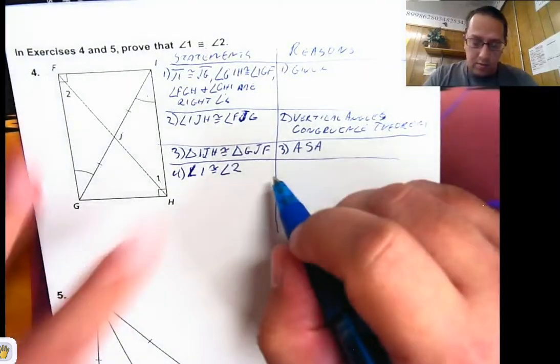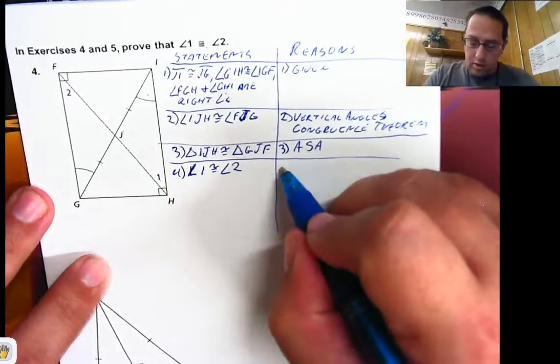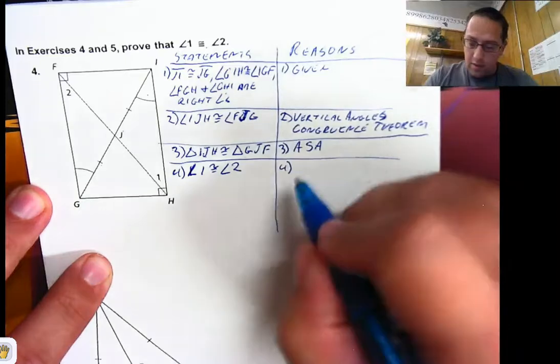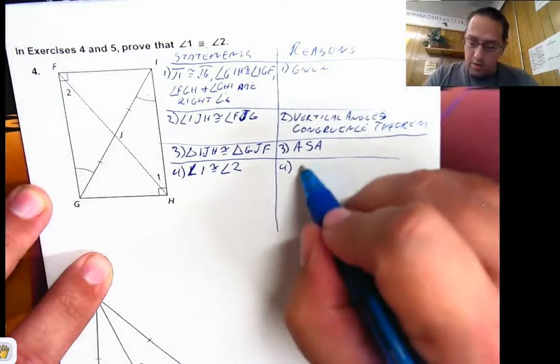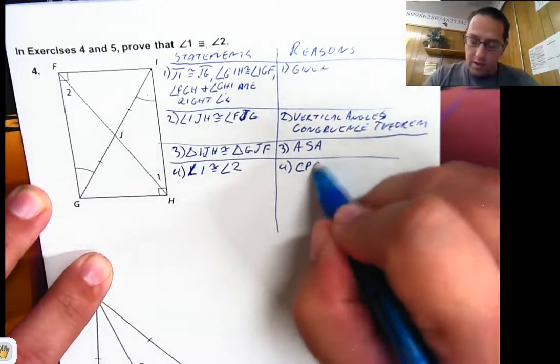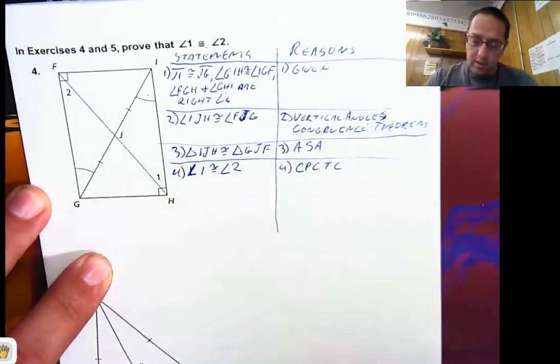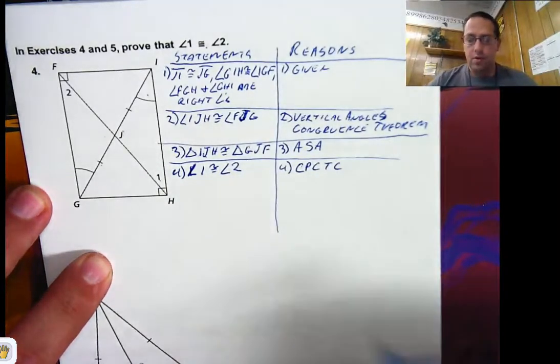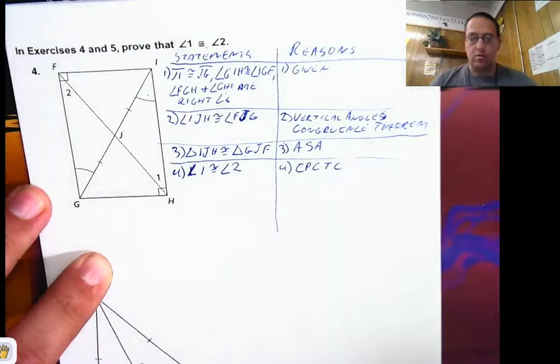They're corresponding parts. So there we go. Step 4, these are congruent because of CPCTC. And there it is. Corresponding parts of congruent triangles are congruent.